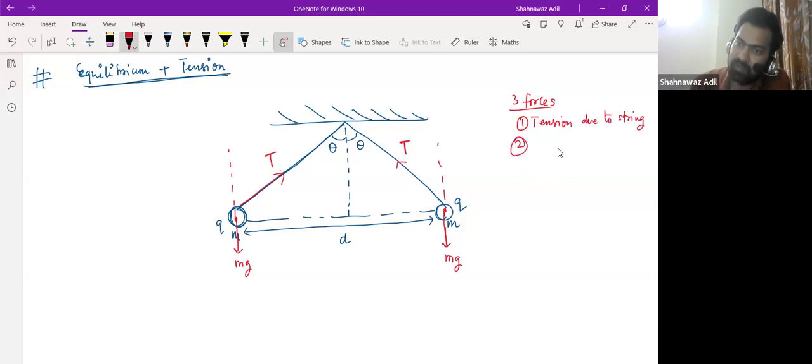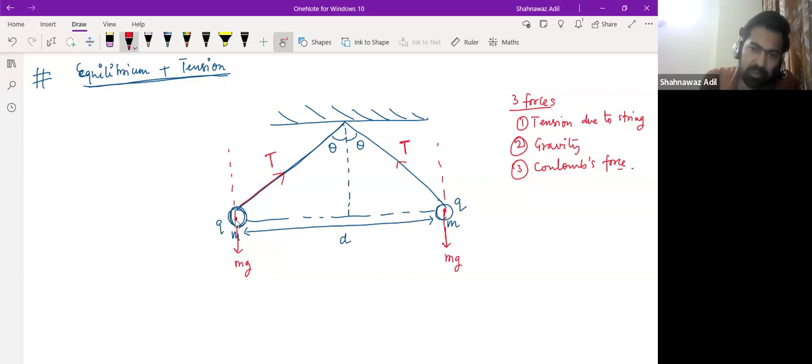Then you have gravity, and then you have Coulomb force. Clear? Is it clear? Yes, sir.